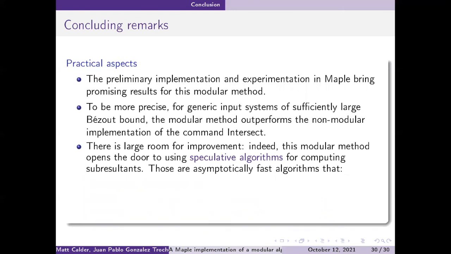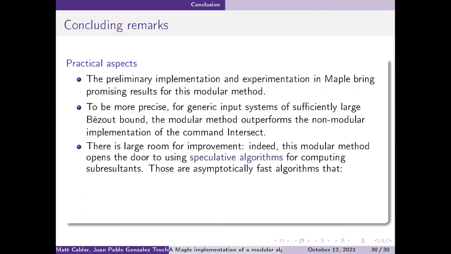The practical aspects. The preliminary implementation and experimentation in Maple bring promising results for the modular method. To be more precise, for generic input systems of sufficiently large Bezout bound, the modular method outperforms the non-modular implementation of the command Intercept. There is a large room for improvement.